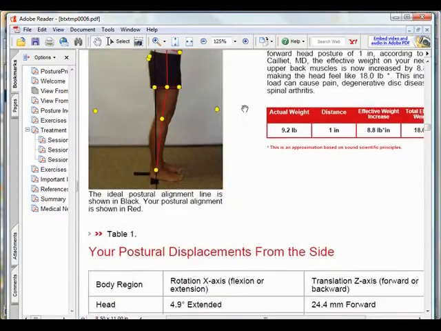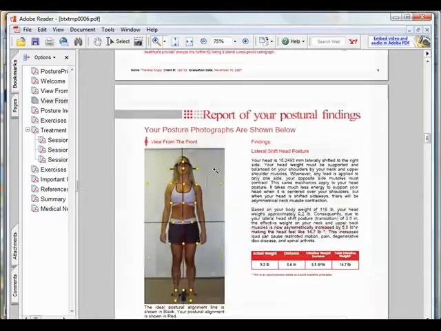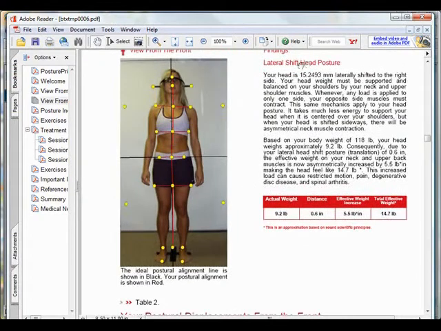Moving on to the AP view, I will blow this up for you so you can see. And let's go ahead and do the same thing. It said calculate lateral shift head, the lateral shift of the head posture. Again, adding this to her displacements from the forward view, you can see that it's no wonder why she would have some upper back and neck pain.